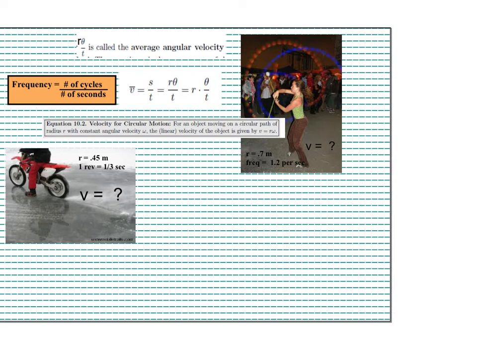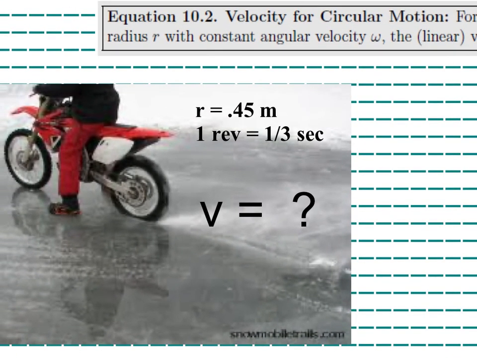So if I want to look at this tire and I zoom in on this tire, imagine that on the back of this tire there is a little piece of tape right here. If you go really fast, the tape's going to go around, around, around, really fast.